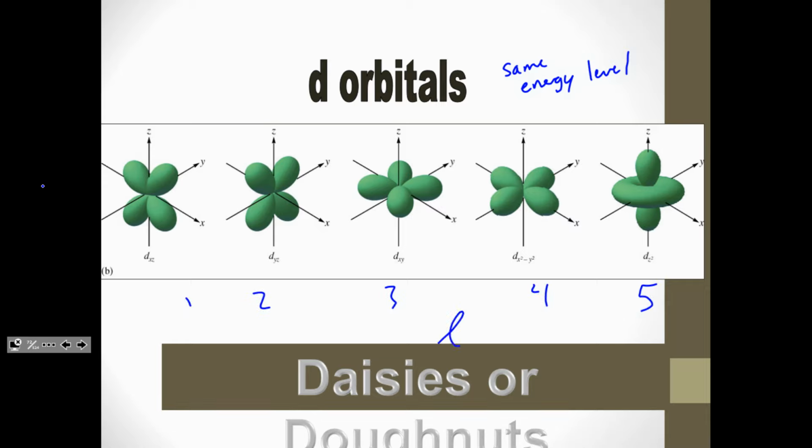So this would be l equals 2 for d, and we could say that the orientation could be -2, -1, 0, +1, +2. There are 5 different ways we could say that.